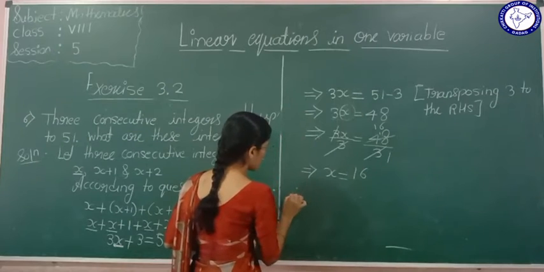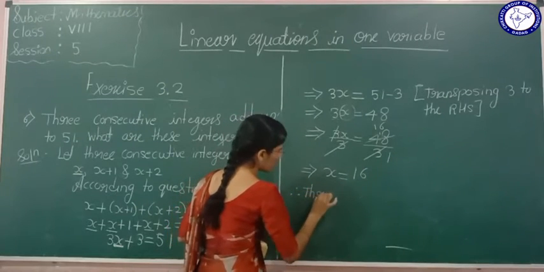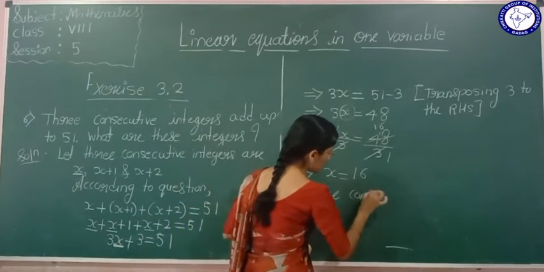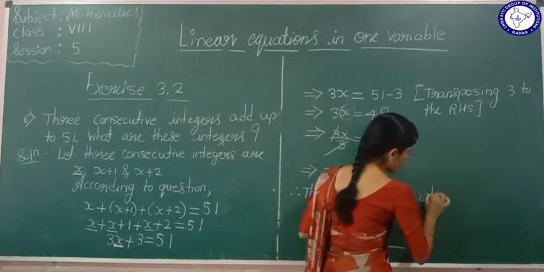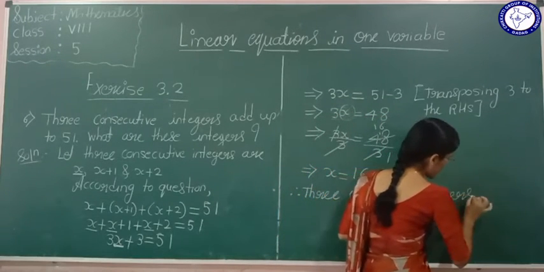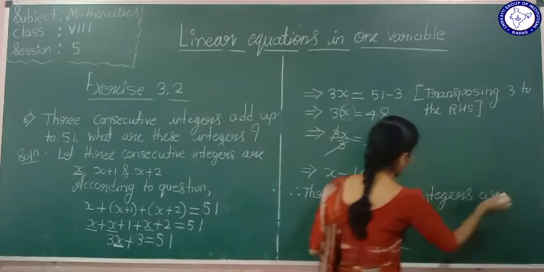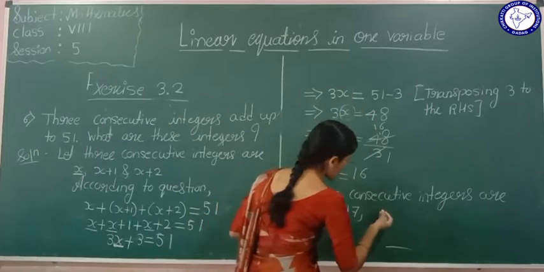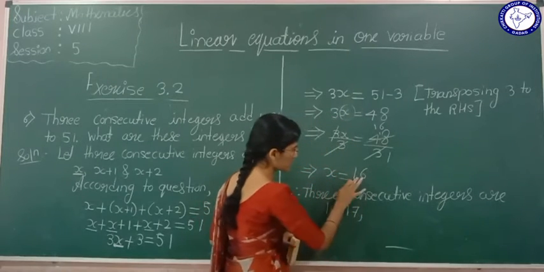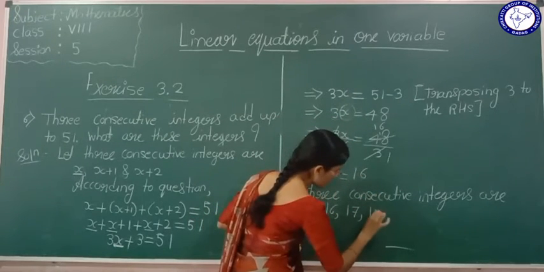Now see here. Therefore, the 3 consecutive integers are, which are those? 16. 16 plus 1 is 17. 16 plus 2 is 18.